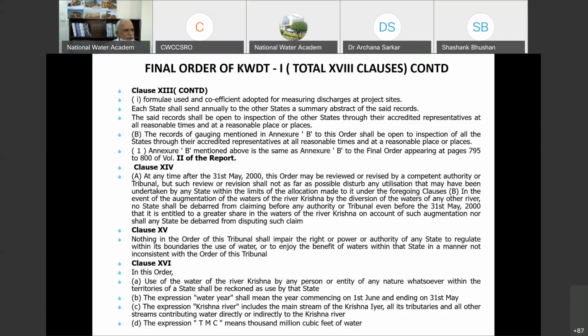There is another important provision in clause 15, that by agreement between states, they can modify. And the water year has been indicated to be from 1st June and ending on 31st May.